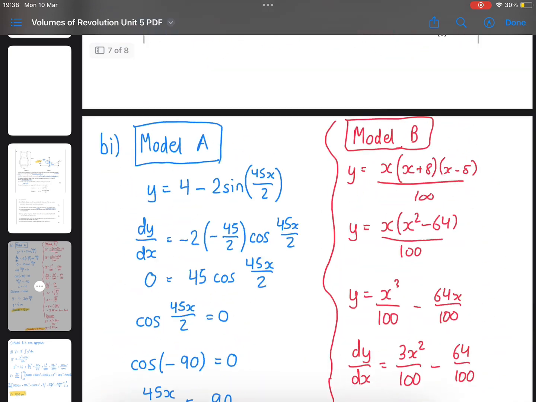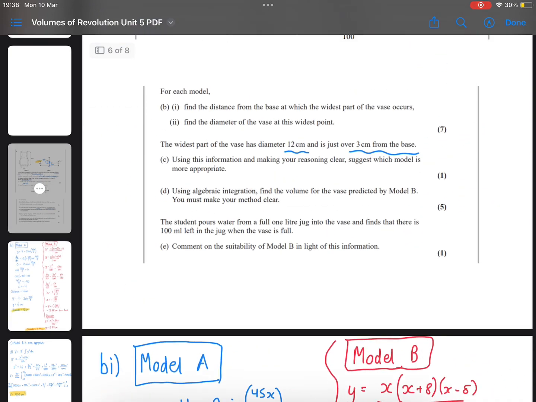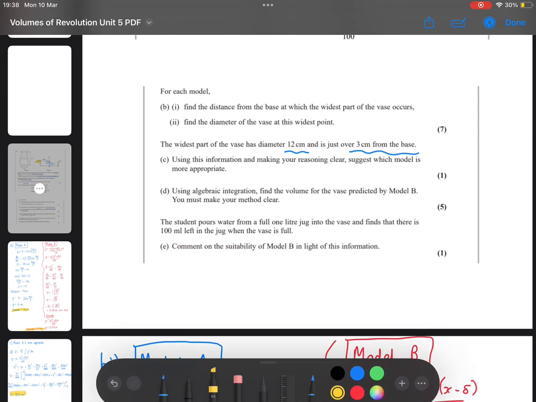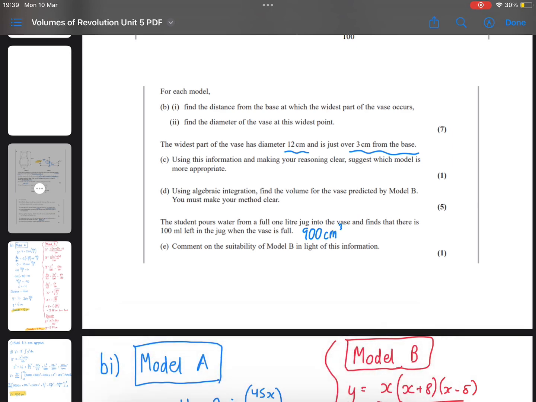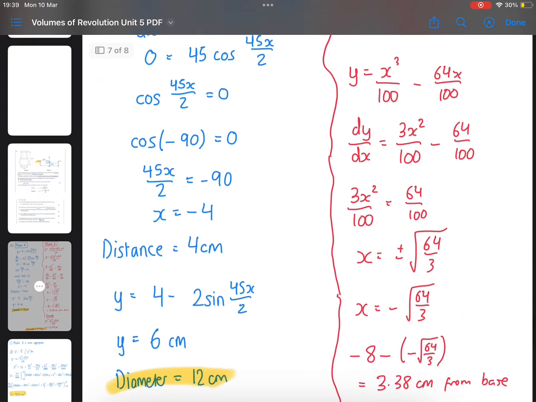And then, the very last bit of the question tells us that the student pours water from a full 1 litre jug into the vase and finds that there is 100 millilitres left in the jug when the vase is full. So they've basically just told us in slight code that the volume is estimated to be 900 centimeters cubed for the actual vase. Comment on the suitability of Model B in light of this information.